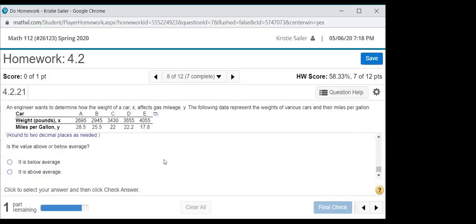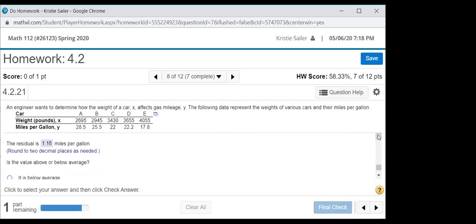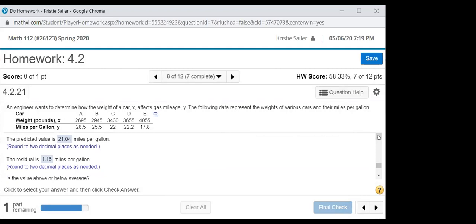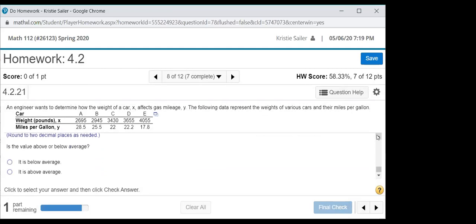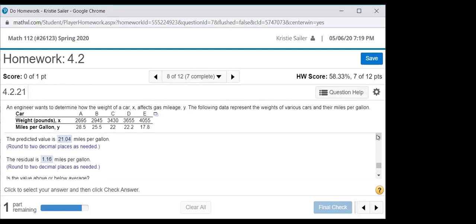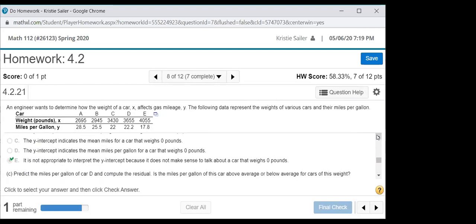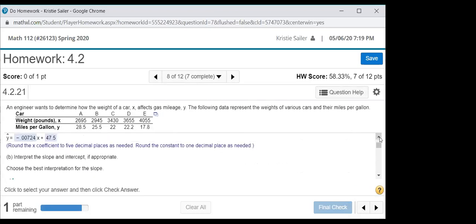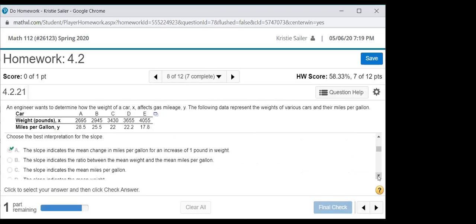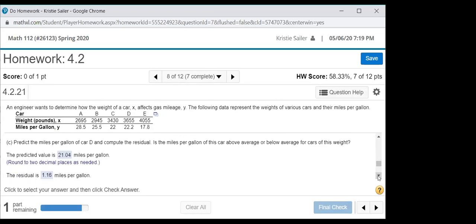Is the value above or below the average? So my residual value they're asking about is, no, my average was before that, I think. I don't know what my average would be. No, go back, not all the way to A. Go back to the other part. It says predict the value.